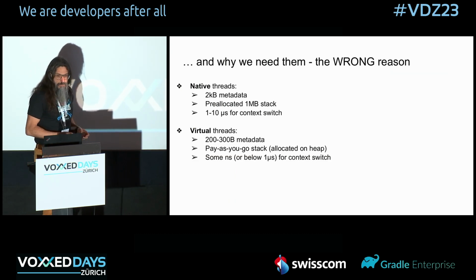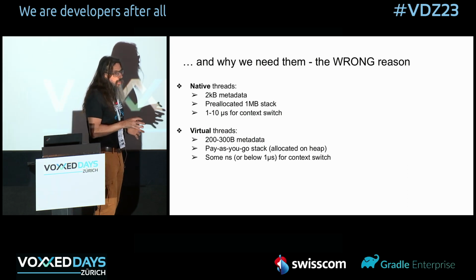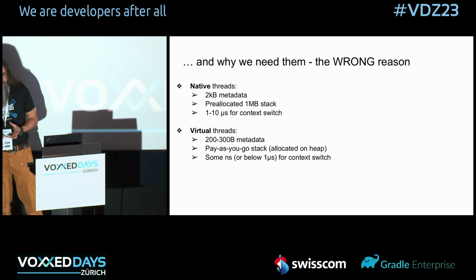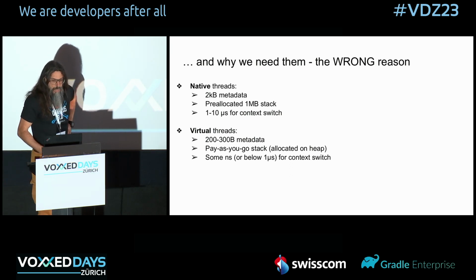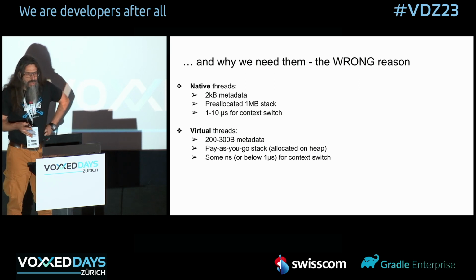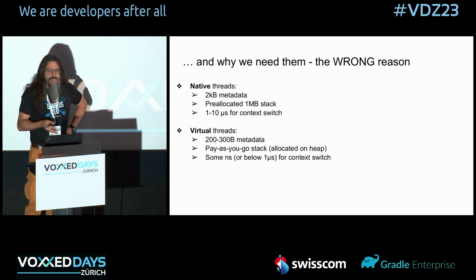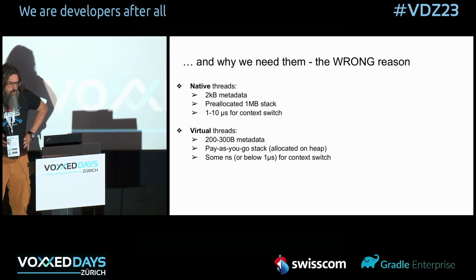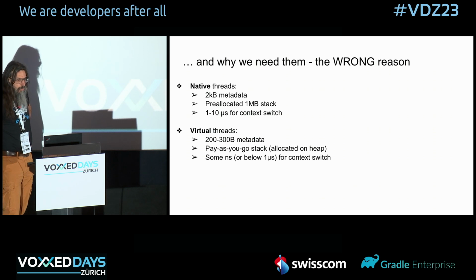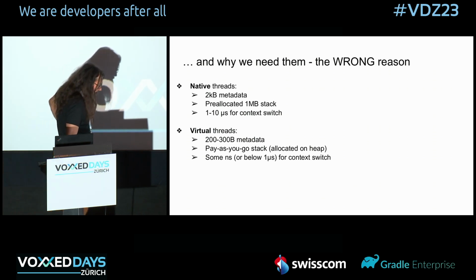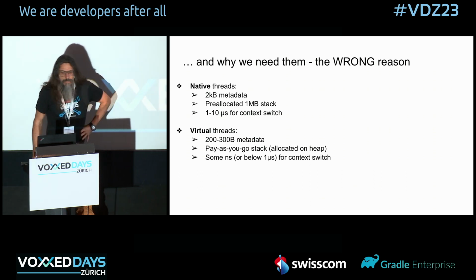So a few numbers just to give you an idea of the difference in weight between native and virtual threads. What happens with native threads is that you have around 2 kilobytes of metadata, while with virtual threads they are only around 200 to 300 bytes of metadata. But in reality, this is of course not the main difference.